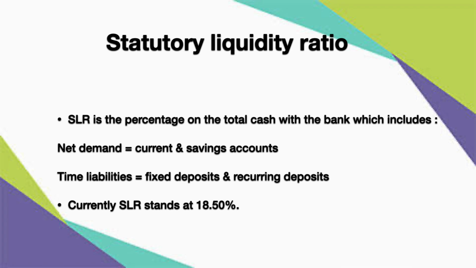Net demand means any time you have to be ready with the amount for dispatch. For time liabilities, there is a limit for you to arrange money. I know the FD is going to mature in the next 2 years, so within 2 years I have enough time to arrange to pay back the customer the FD along with the principal and interest. Is that clear to all of you?